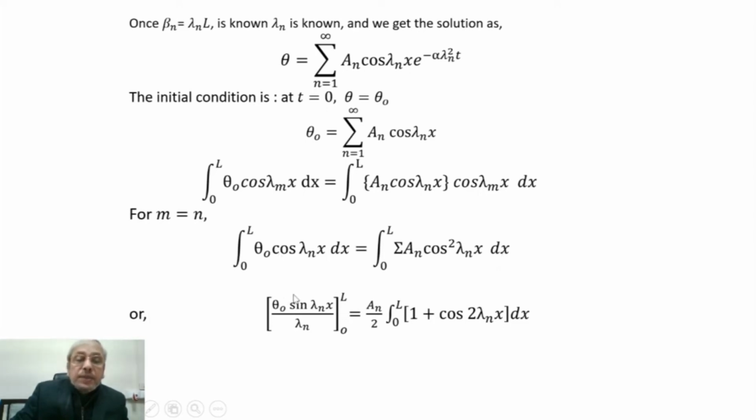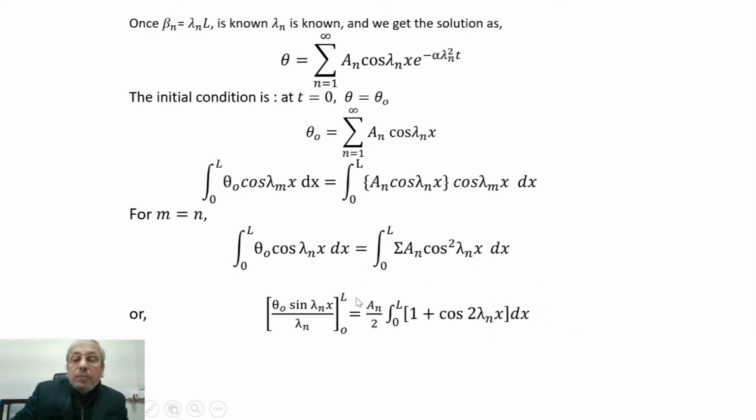We perform this integral: theta naught sin lambda n x by lambda n, upper limit L, lower limit 0, equals a n by 2 into integral 0 to L of cos square lambda n x, which is basically 1 plus cos 2 lambda n x by 2.